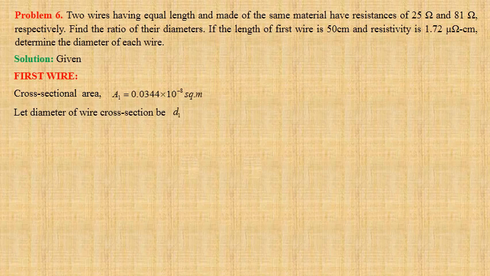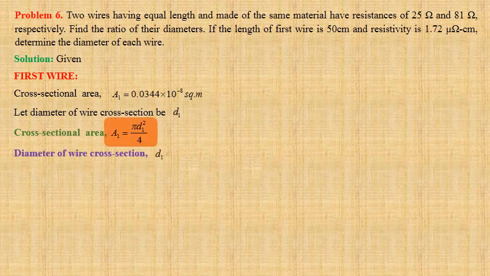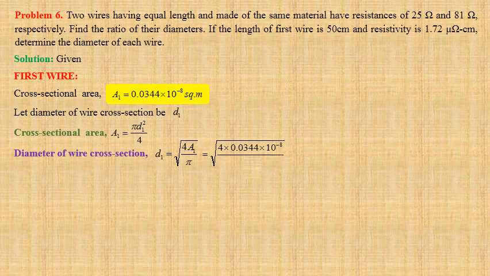Expression for cross-sectional area A1 equals pi times D1 square by 4. Therefore, diameter D1 equals root over 4 times A1 by pi, that is equal to root over 4 into 0.0344 into 10 to the power minus 8 divided by pi.